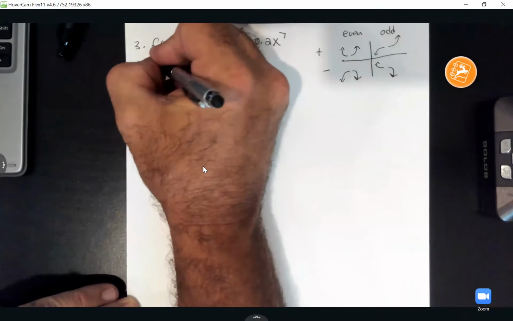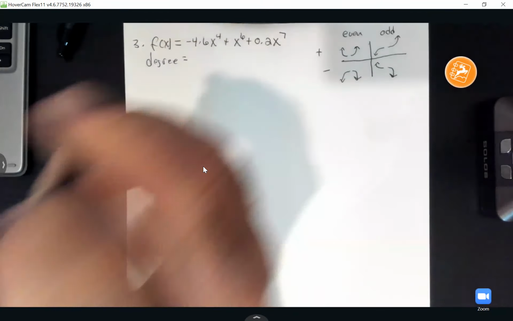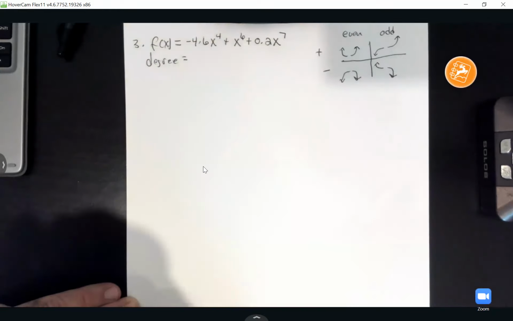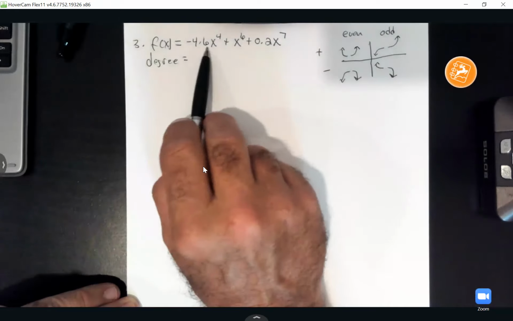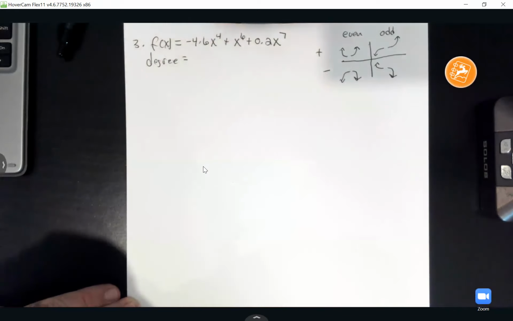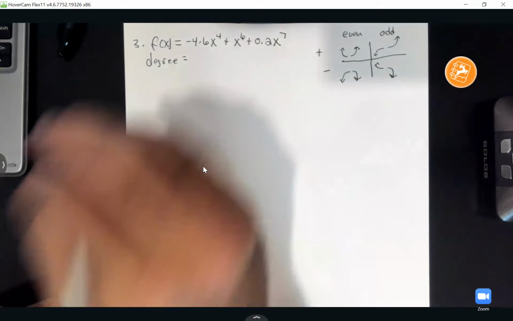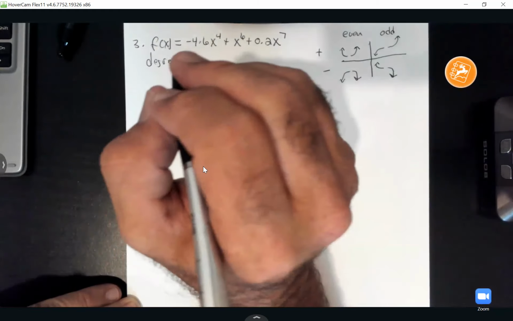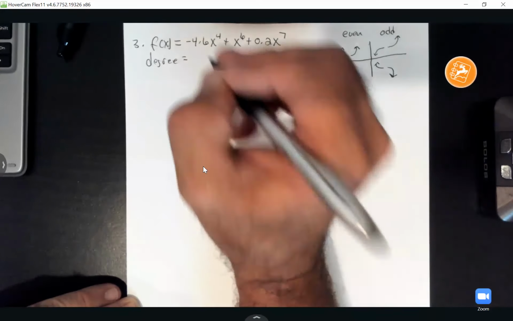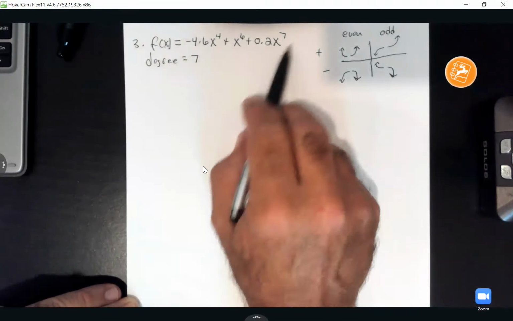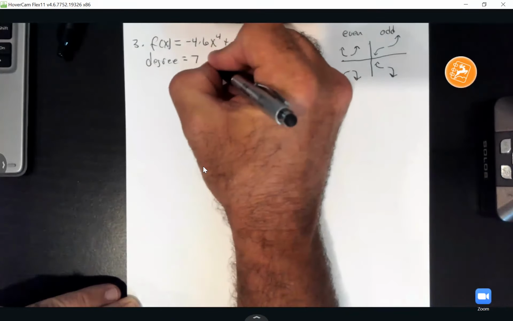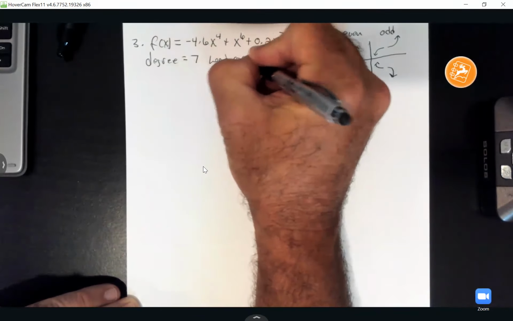So what we want to look at is what is our degree first. Once we got the degree, we look at the lead coefficient. So y'all, the degree of this little function is what? Seven. Sound like you were saying 7. Yes. Okay. So the degree of the highest exponent 7, which means my lead coefficient. So be careful on this.